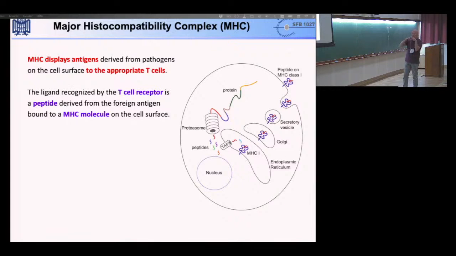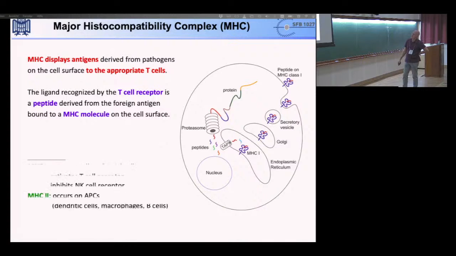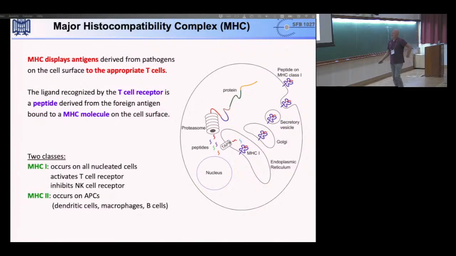That is a protein complex that presents peptides derived from a foreign antigen, by binding them to this MHC on the cell surface. That is essentially how dendritic cells present those peptides to T cells in the lymph nodes.